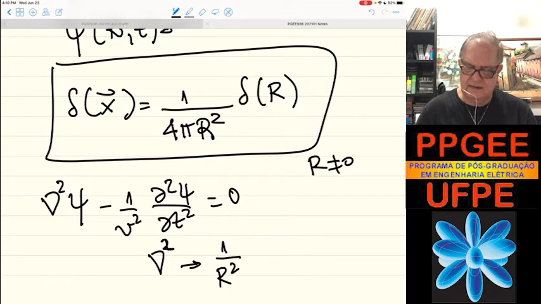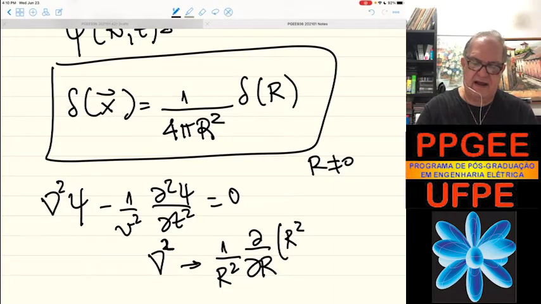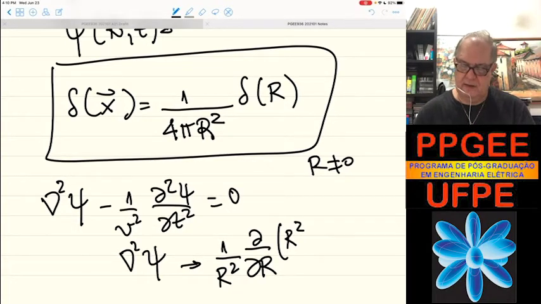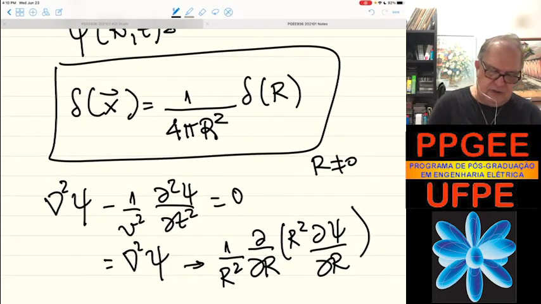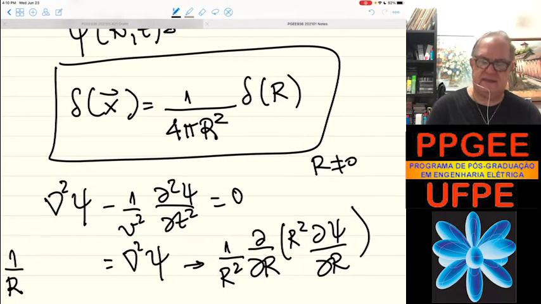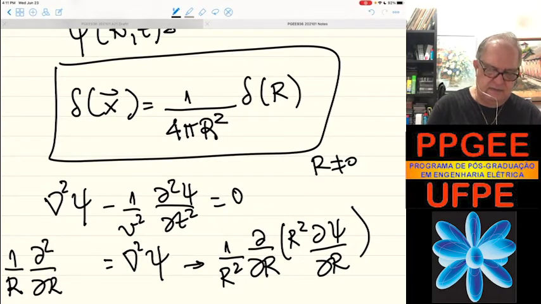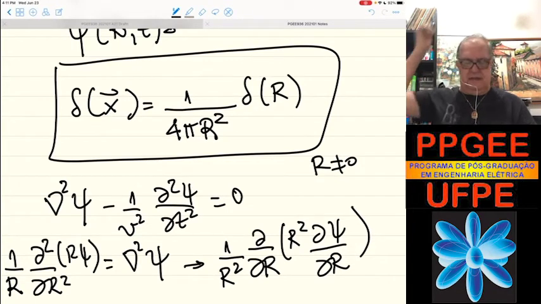So the Laplacian of psi now becomes this. Alternatively, this can also be written as a second representation, d2 dr squared of r psi. Okay? So that's what we have.